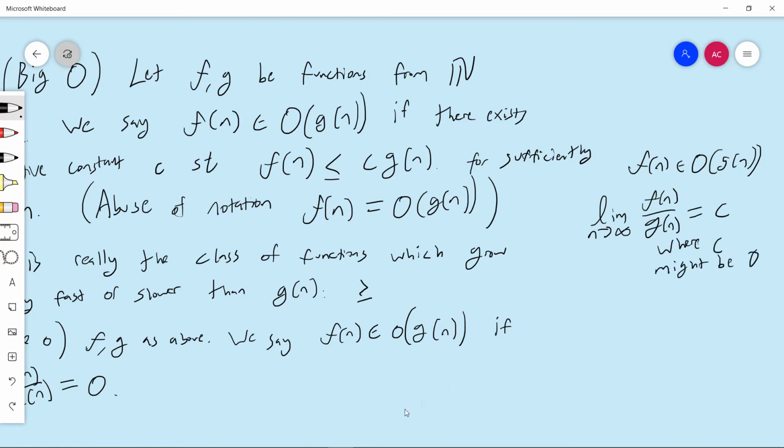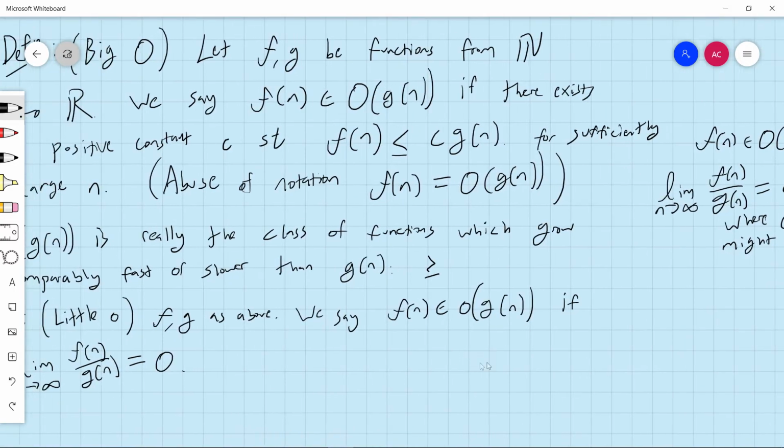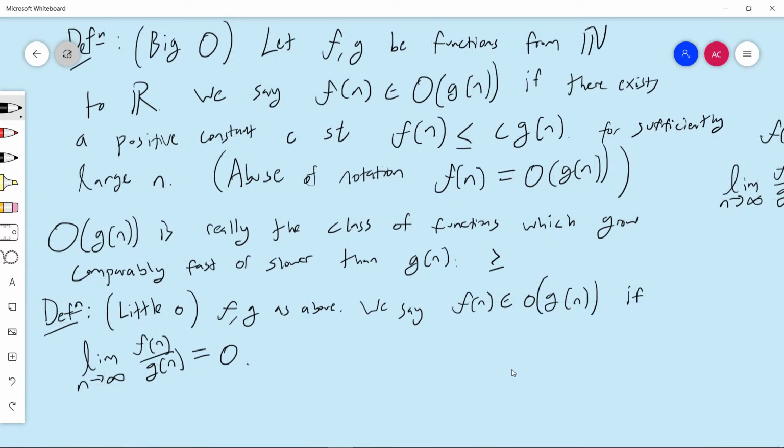So you can relate these two and make the definitions look closer to each other by, instead of writing the limit equaling zero, writing equals c. In fact, I should say c greater than or equal to zero up there.